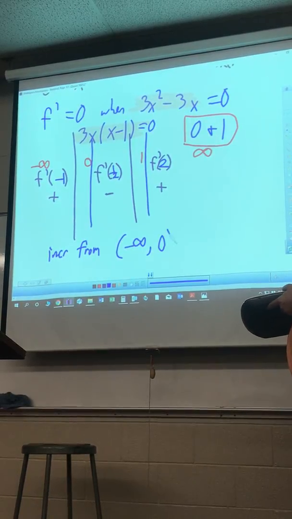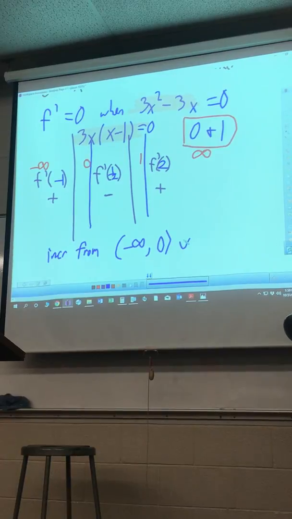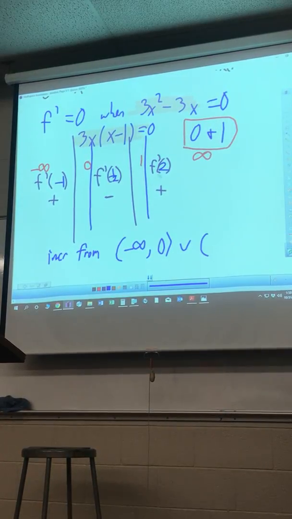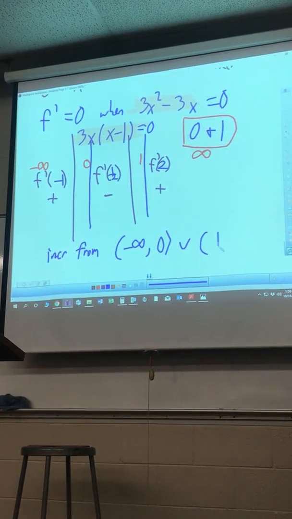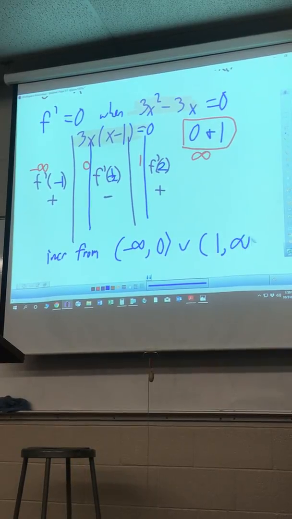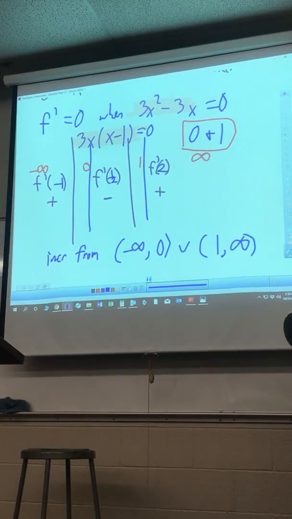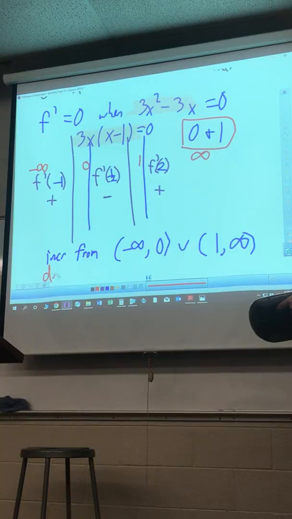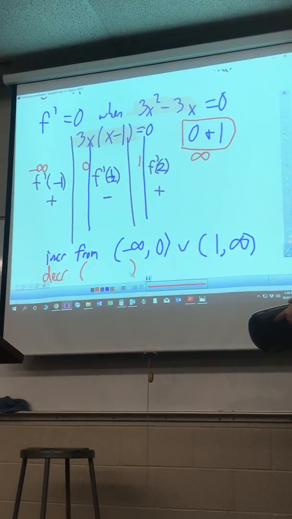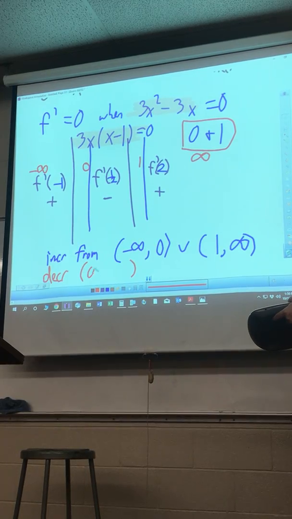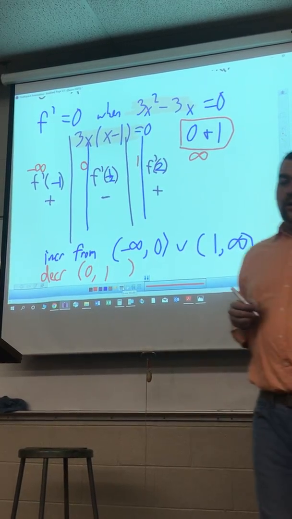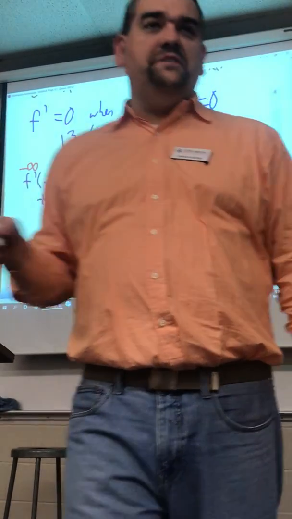To 0. And then the U just means union. And then where else is it increasing? 1 to infinity. And then therefore it decreases on what open interval? From 0 to 1.